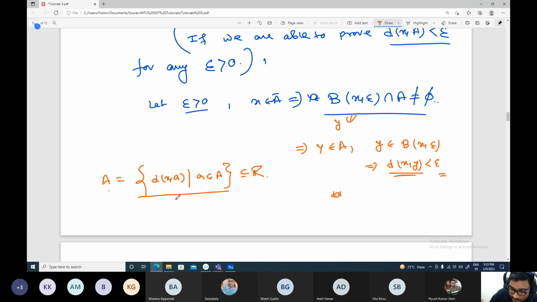Then what can we say about this set? What can we say about the infimum of this set, call it A naught? This is not the same as A. What can we say about A naught?